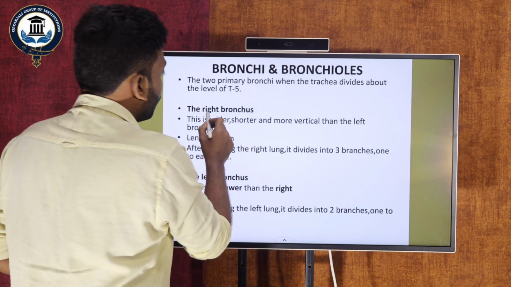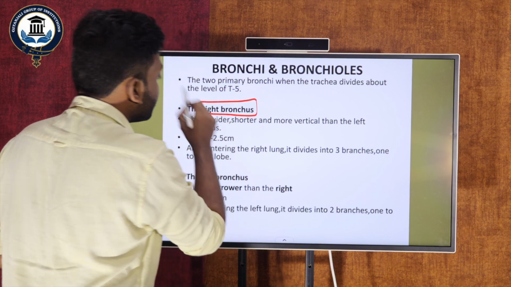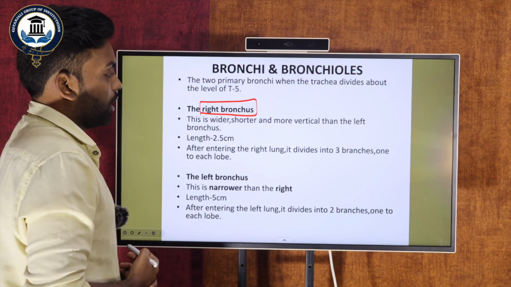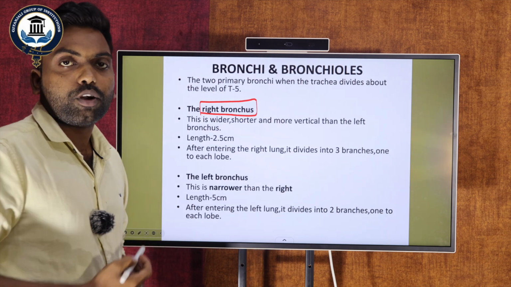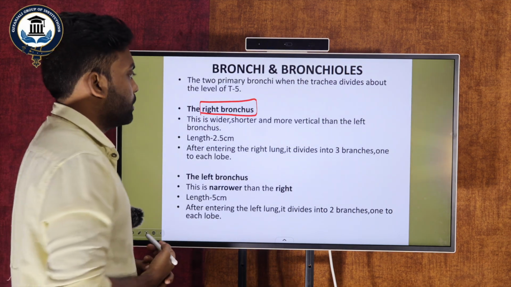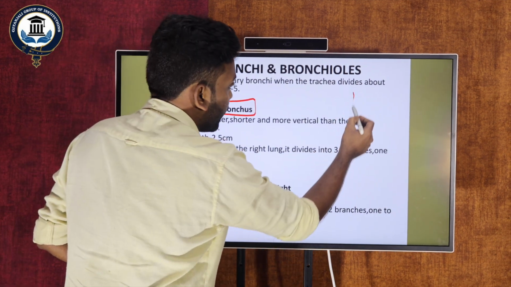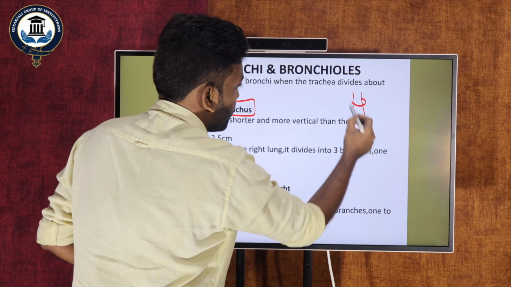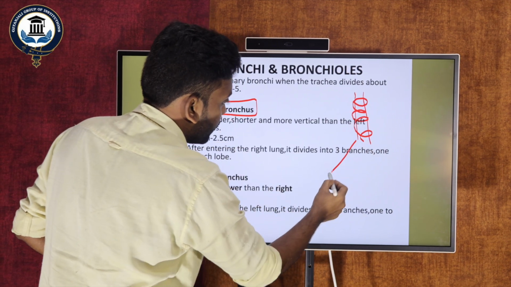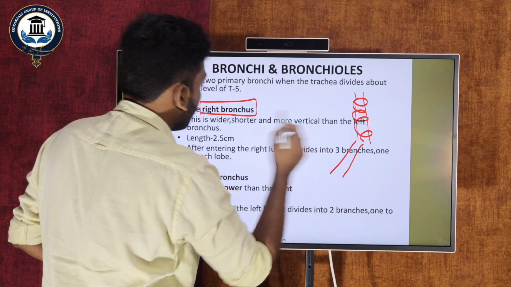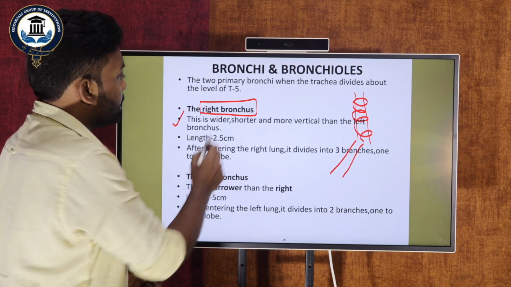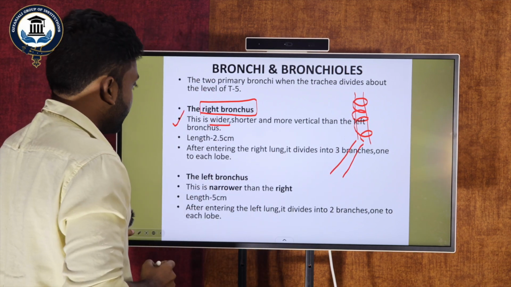Let us see the right bronchus. What are the salient features of the right bronchus? As I have drawn in the diagram, imagine this is the trachea. This is called the right bronchus and this is called the left bronchus. What is the first point? It is wider, as you can see here in the diagram.